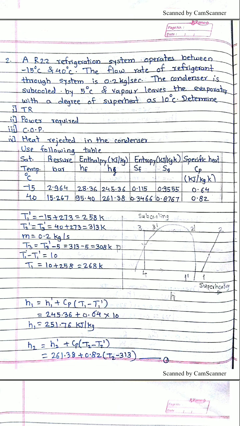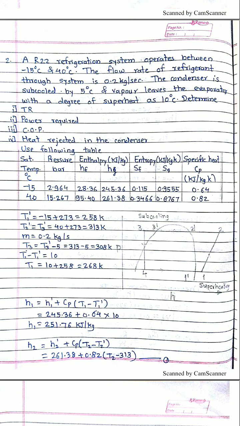Now, with the same procedure, we have to calculate H1, and H1 is equal to H1 dash plus Cp into T1 minus T1 dash. H1 dash is on the evaporator pressure, the evaporator temperature is minus 15, on the vapor side. So the minus 15 degrees Celsius vapor side enthalpy, H1 dash, is 245.36, plus Cp on the same line, that is 0.64, multiplied by T1 which is 268 minus T1 dash which is 258, so the difference is 10.